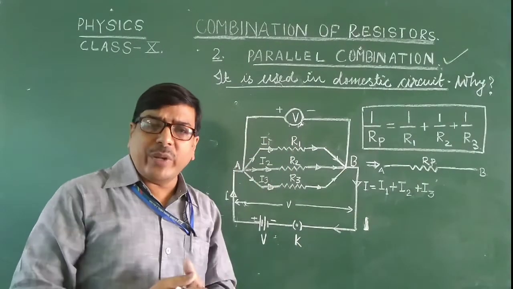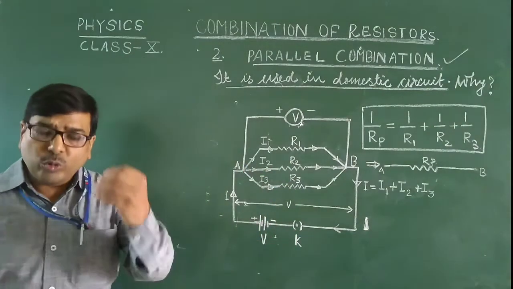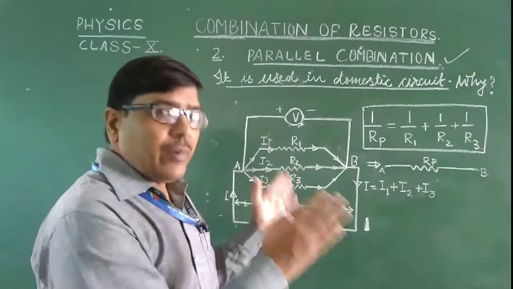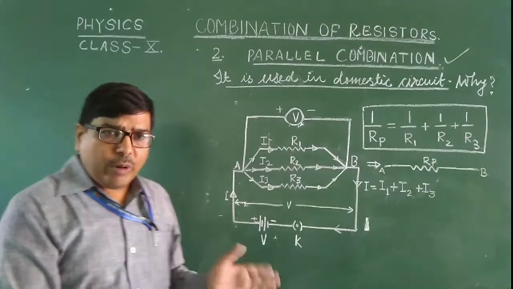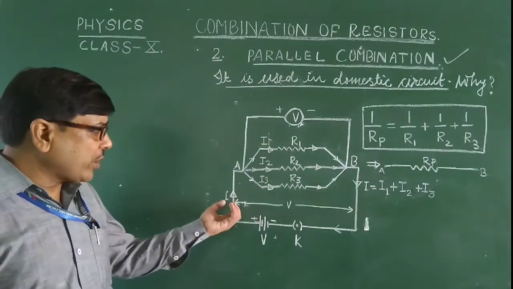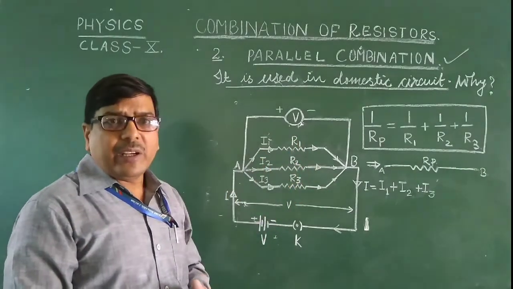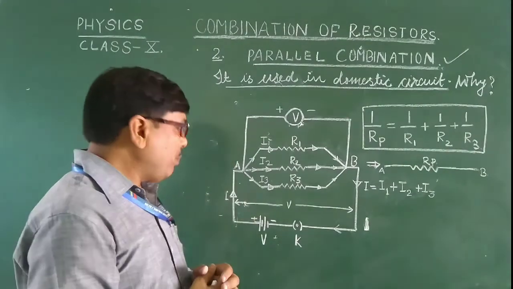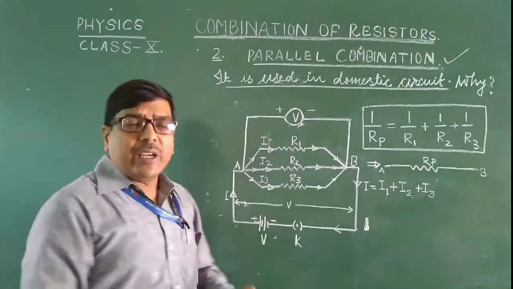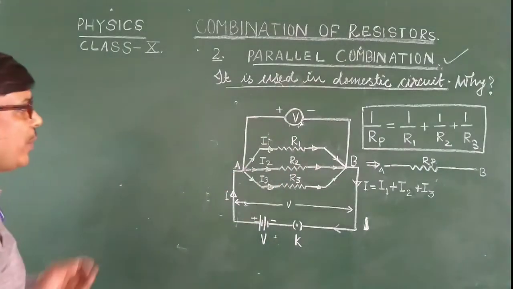So parallel combination is defined as the combination in which two or more resistors are combined between 2 points of the circuit, connected in such a way that the potential difference across each and every resistor is the same, but the amount of current flowing in every resistor is different. That is the characteristic of the parallel combination.